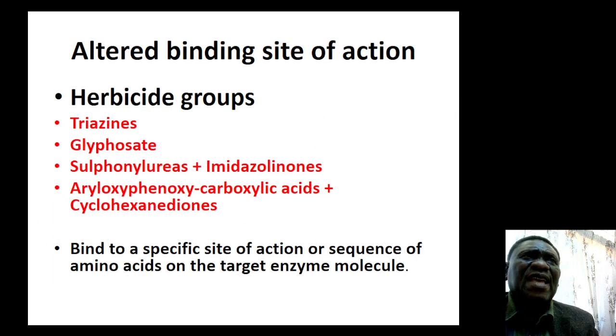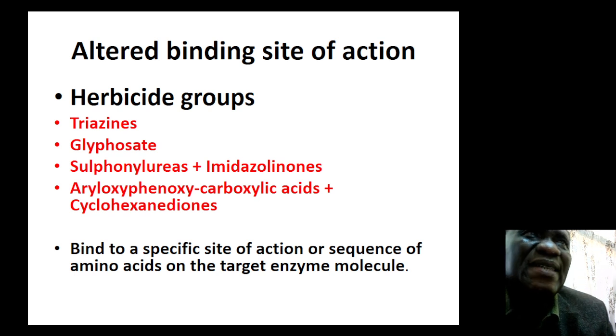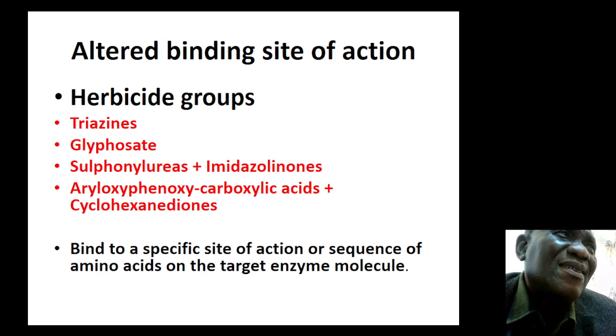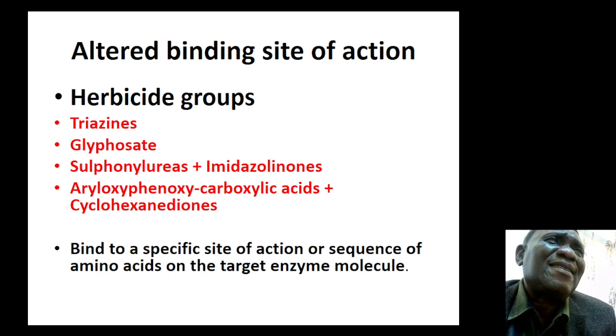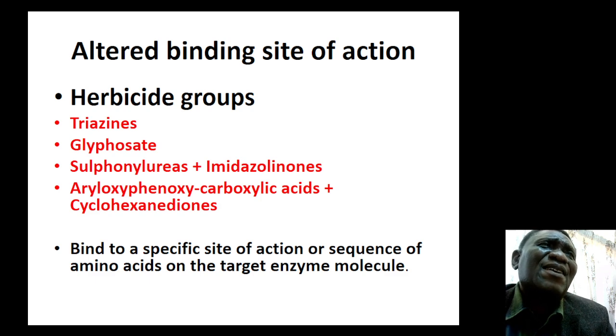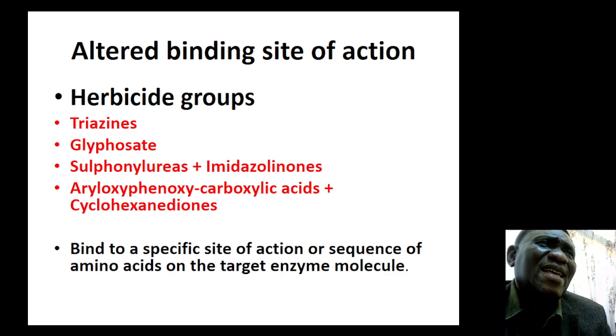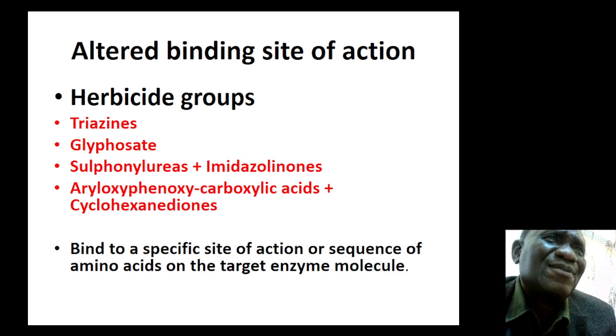So the herbicides which are affected by the altered binding site of action are the following groups: triazines, glyphosate, sulfonylureas and imidazolinones, aryloxyphenoxycarboxylic acids, or cyclohexanediones.